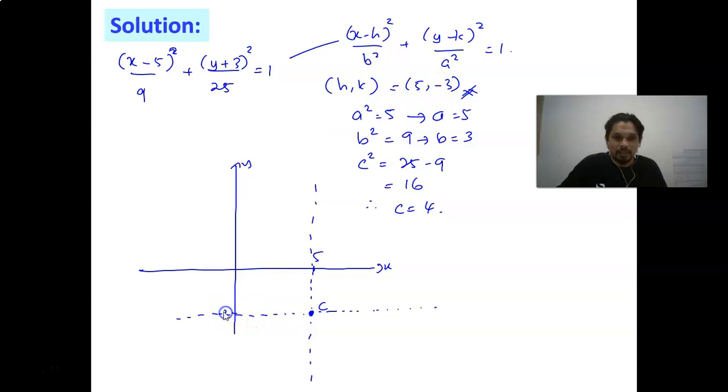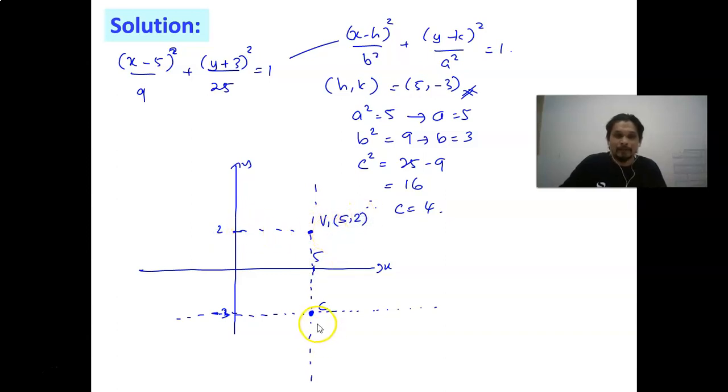From the center h and k, 5 and negative 3, this is negative 3. We move 5 units upward. From negative 3 plus 5, it ends up at 2 here. Okay, V1, this is the coordinate of x equal to 5 and y equal to 2.